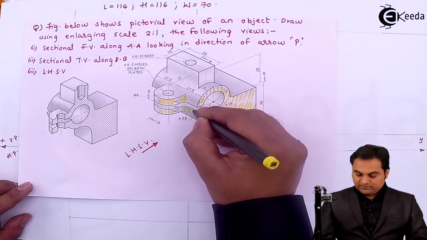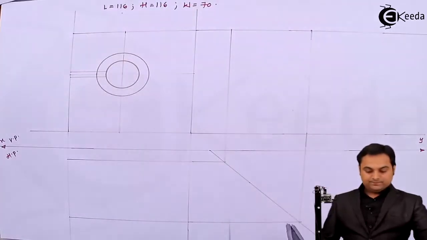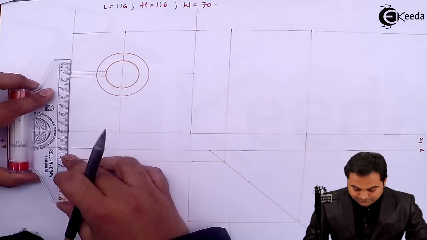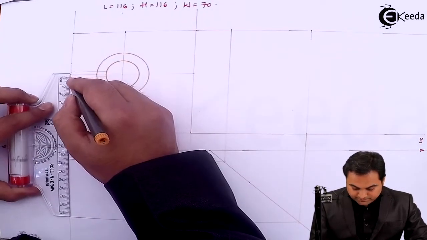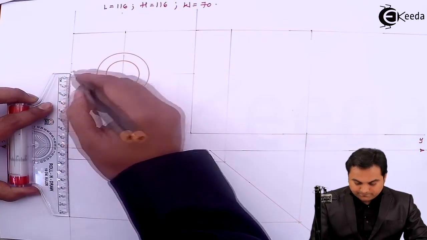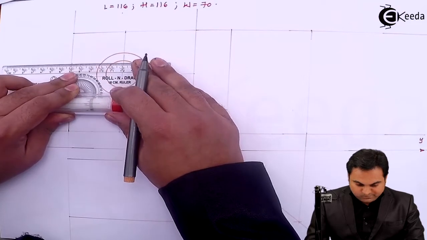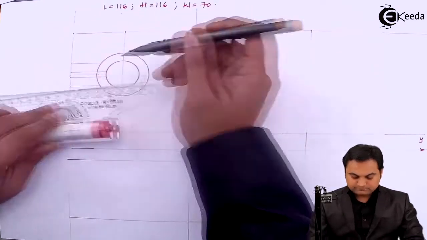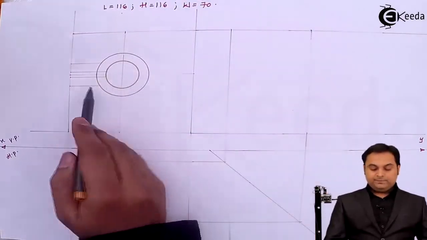These surfaces would be visible. So that will become 10 mm for us. So measuring 10 mm on one side, 10 on the other side, drawing light horizontal lines. Because these two lines are touching the circle like here.